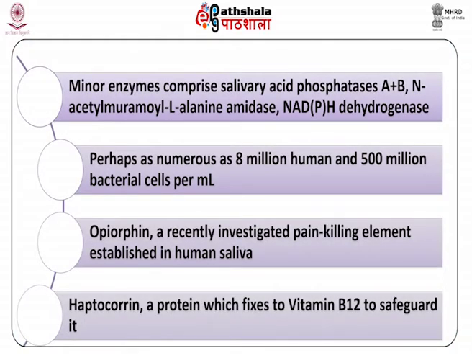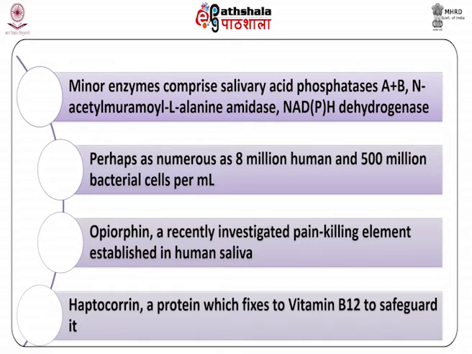Minor enzymes comprise salivary acid phosphatase A plus B, N-acetylmuramoyl-L-alanine amidase, NAD(P)H dehydrogenase quinone, superoxide dismutase, glutathione transferase, class 3 aldehyde dehydrogenase, glucose-6-phosphate isomerase, and tissue kallikrein, function unidentified.